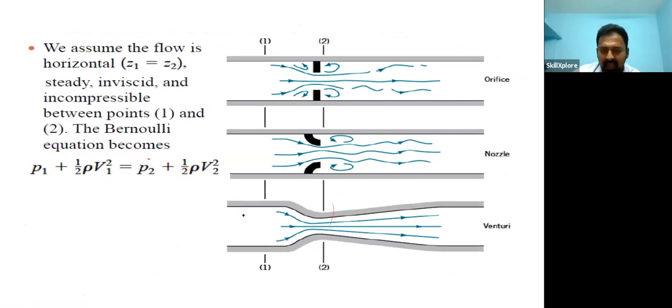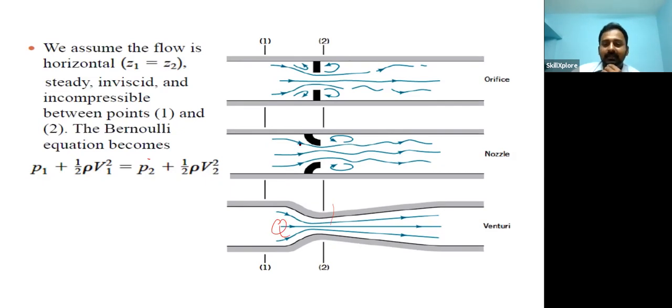Here the Venturi has a sudden contraction like a necking section. So consider this as section 1 and consider this neck region as section 2. The energy difference between these 2 points will be used to calculate the flow of the fluid in the Venturi.